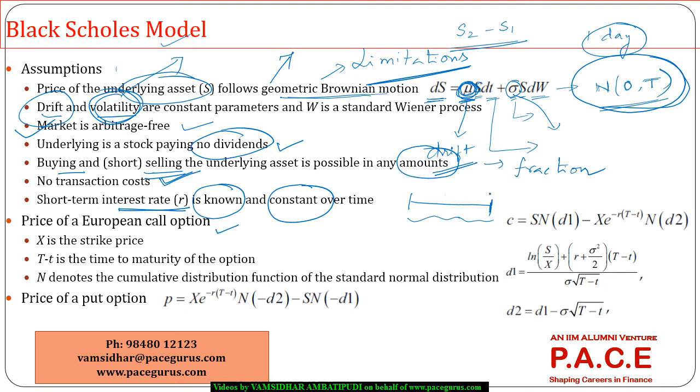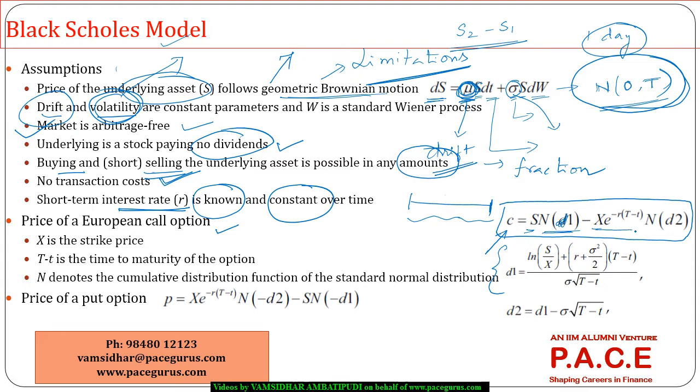Based on all these assumptions, the Black-Scholes model works out to this formula for the price of a European call option. It says the current stock price times the cumulative distribution value of the standard normal distribution corresponding to the value D1, and D1 is computed through this formula.